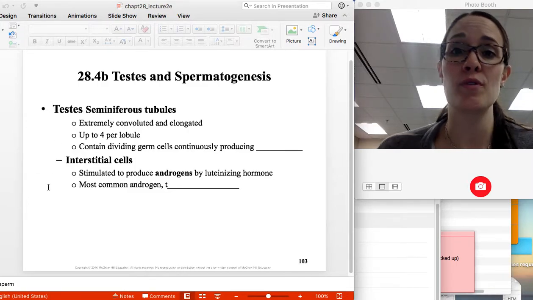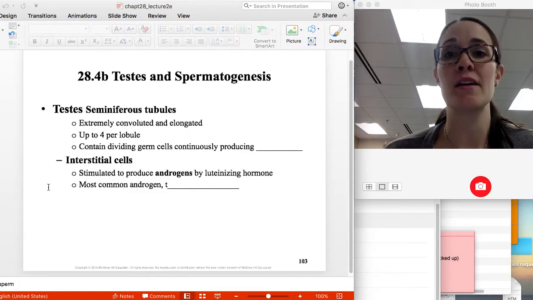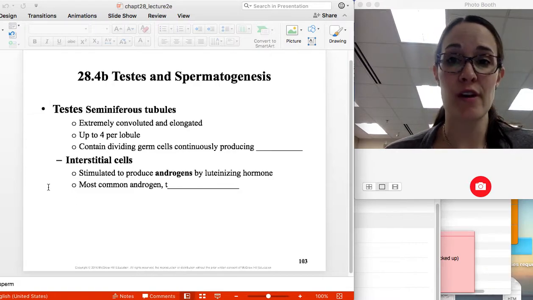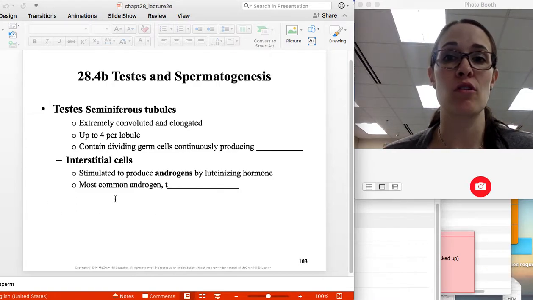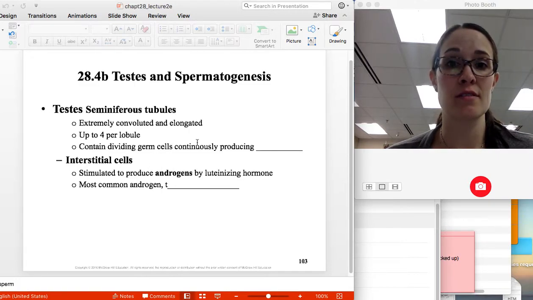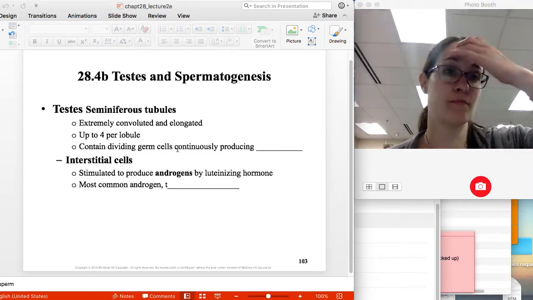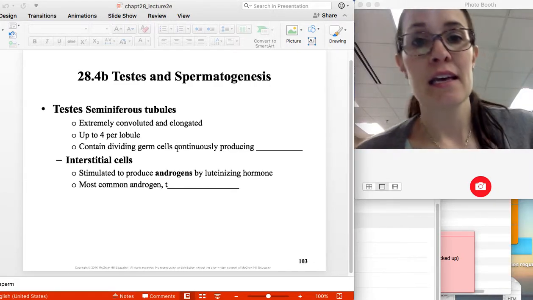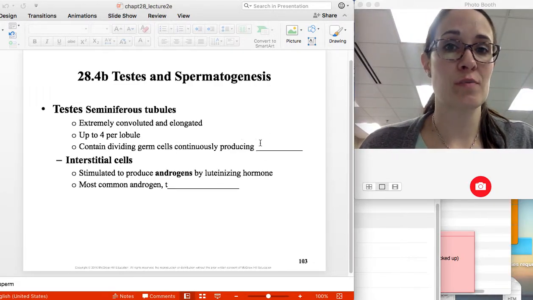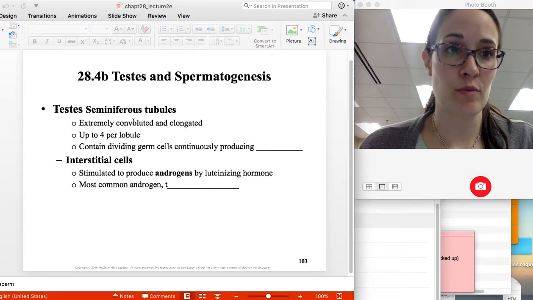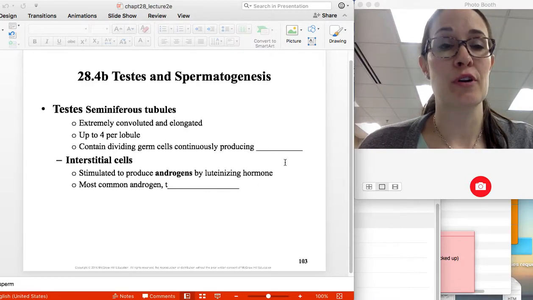Within the lobules, you have these tubules called seminiferous tubules, and these are very important. There's up to four per lobule, and these contain the germ cells, so sex cells essentially, that are continually producing the sperm. So the seminiferous tubules are producing the sperm.